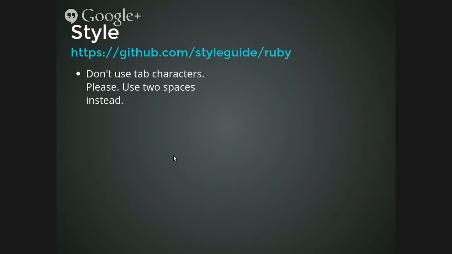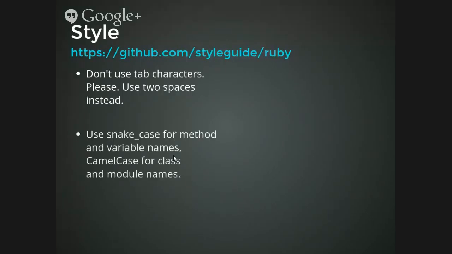simply because they do not display the same way on other computers. If you push to GitHub with tab characters, you'll have code that's indented way out here, and then code that's indented normally if you have spaces. So just use 2 spaces, please. Another thing I noticed, which is not as common, is that some people use camel case for variable names.